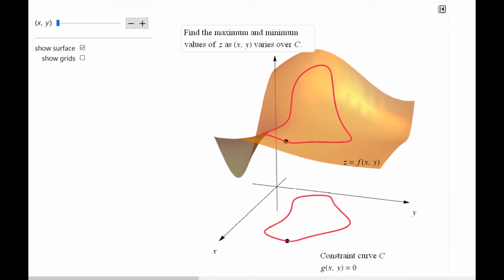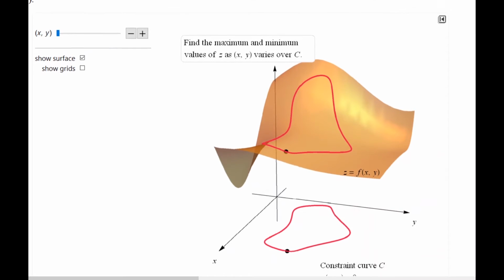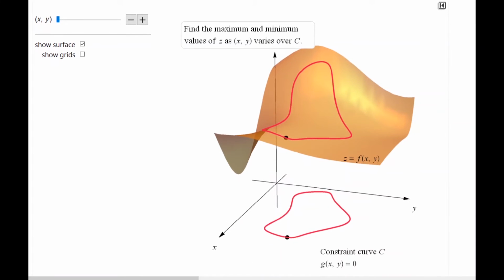So the mental image to have here is this graph that you see here. The graph is orange, but we're not interested in the peaks of that graph, nor are we interested in the highest point of that graph in a given set. What we are interested in is the highest and lowest points along just this hiking path.